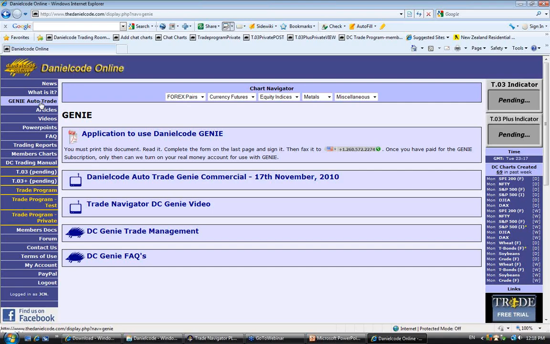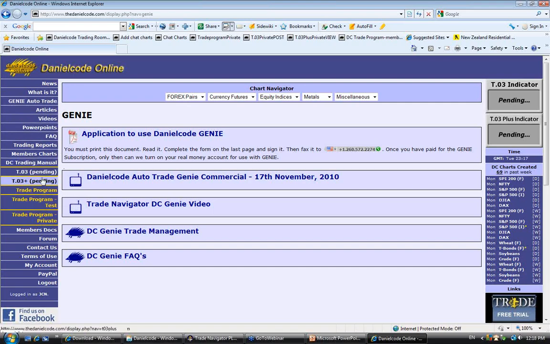There's a Trade Navigator video that's very, very good and tells you how it works and what it does, and that was done by Trade Navigator for us. And there are 2 PDF documents underneath that, the DC GENIE Trade Management and the DC GENIE FAQs. In there are all of the specifications of the signals, how they work and what they do.